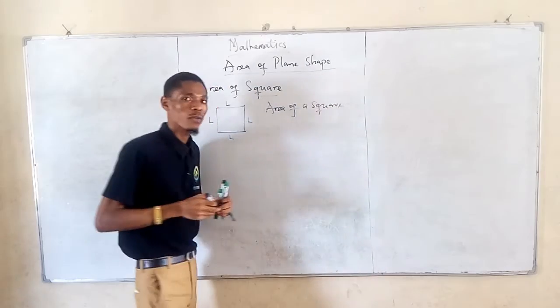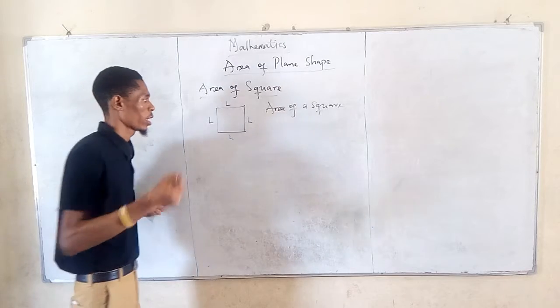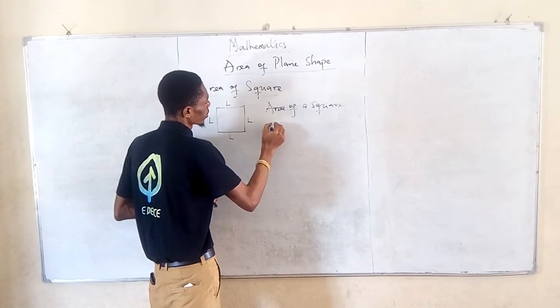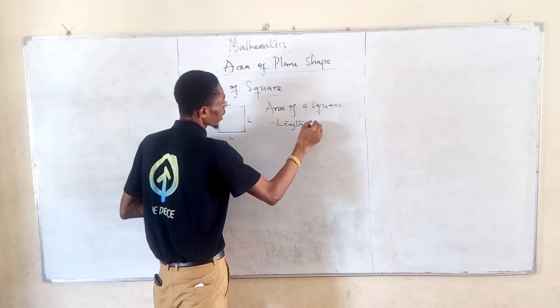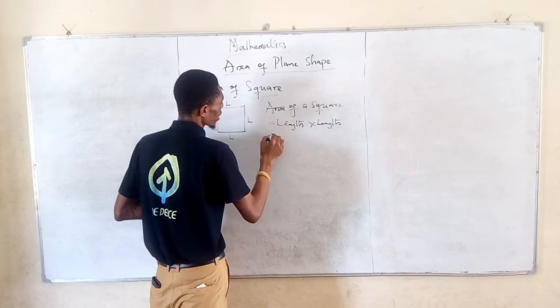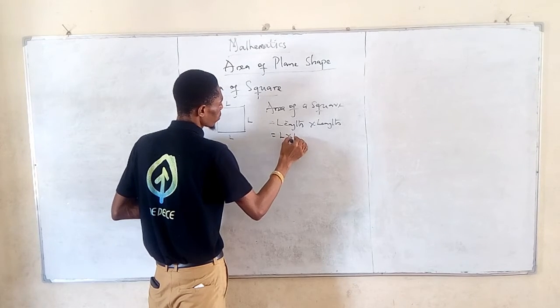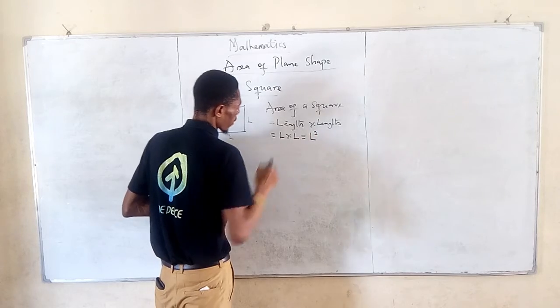If a square has all 4 sides to be equal, the area of a square is going to be the length multiplied by the length. Since our length is L, it's going to be L multiplied by L to give us L squared.